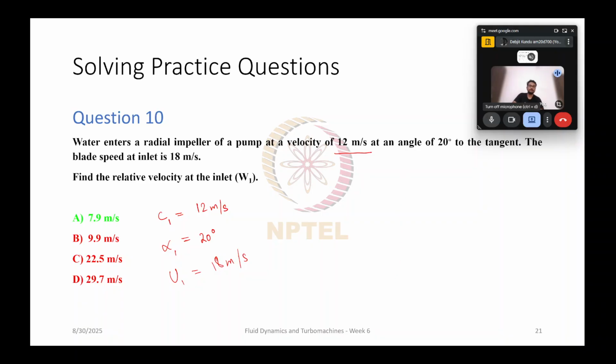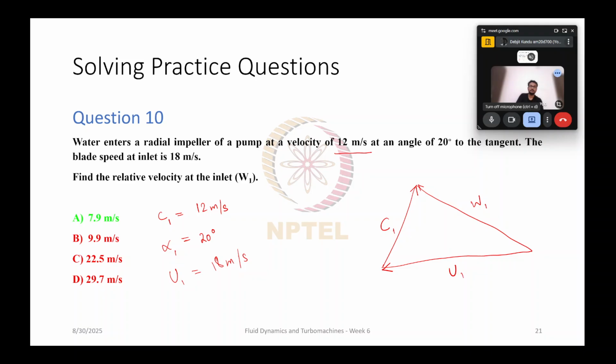So if we try to draw the velocity triangle, it would look somewhat like this. This is the absolute velocity c, this is the blade's velocity u, and this would make it the relative velocity, which is what we want.